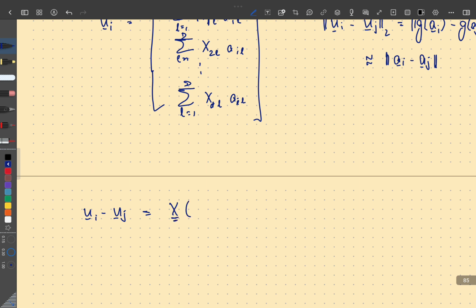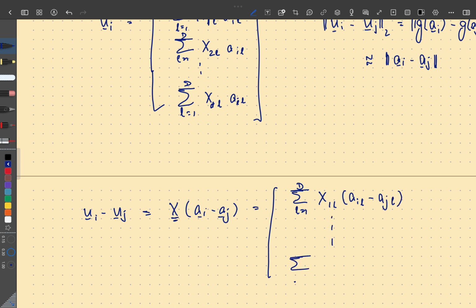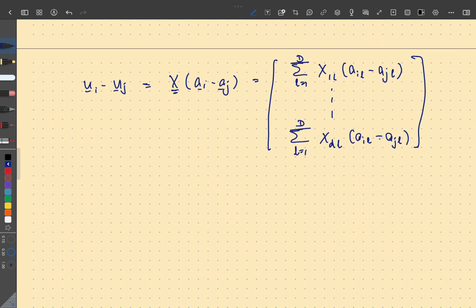Since X is a matrix, this is X times (A_i minus A_j), which is equal to summation L equal to 1 to capital D X_{1L} times (A_{iL} minus A_{jL}), up to summation L equal to 1 to capital D X_{dL} times (A_{iL} minus A_{jL}).